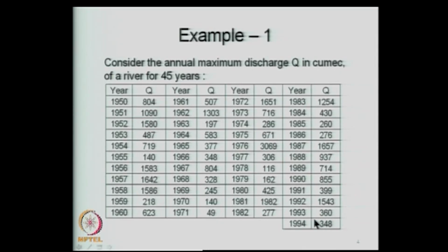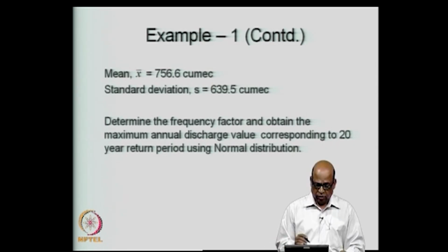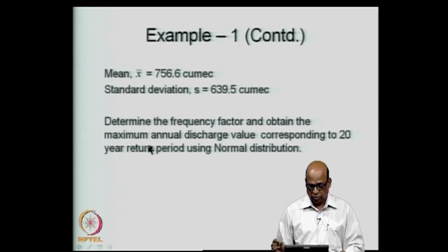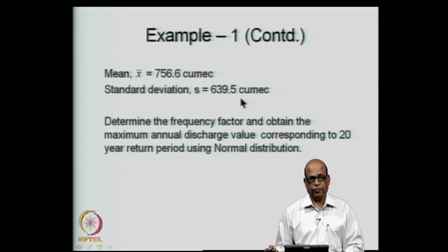So, this is from 1950 to 1994, which is data for 45 years. Now, assuming that this follows normal distribution, let us try to get the maximum annual discharge value corresponding to a 20-year return period using normal distribution. Now, the mean of these values is 756.6 Qmax, standard deviation is 639.5 Qmax.